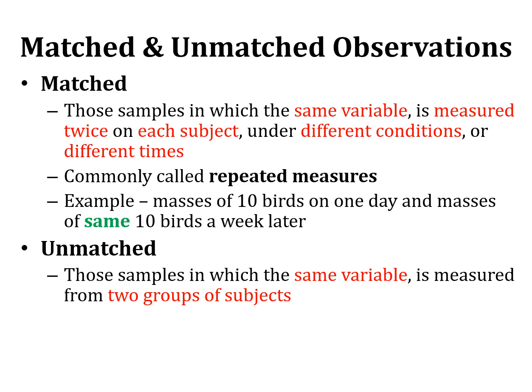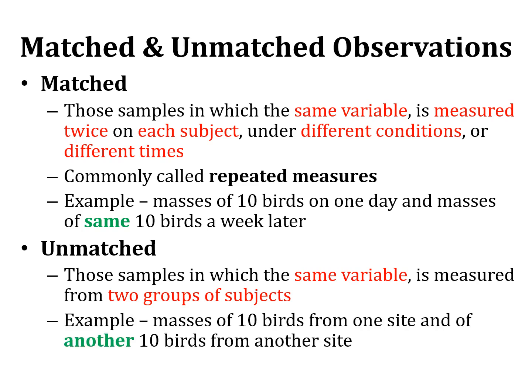So these populations are different from each other. For example, masses of 10 birds from one side and of another 10 birds from another side. In the previous example, the masses of 10 birds were measured on day 1, and the masses of the same 10 birds were measured again a week later. And in this example, we are taking the masses of 10 birds from one side and another 10 birds from another side.